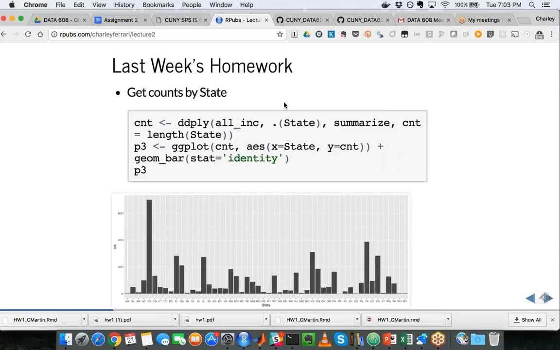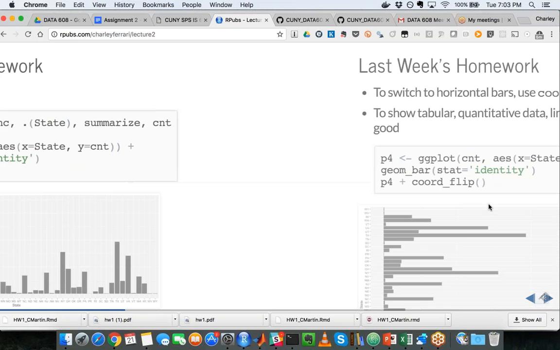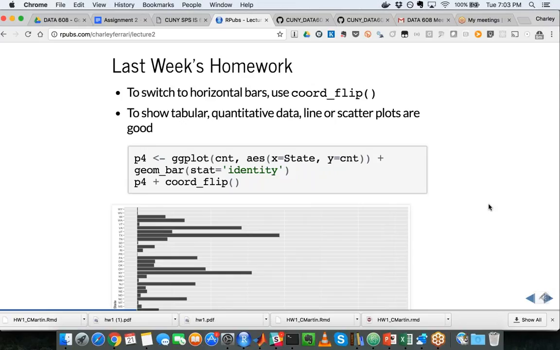Cool. So this one was very straightforward. And then the other feature, which again, everyone seemed to be able to do, was thinking about what format you're looking at the data in.